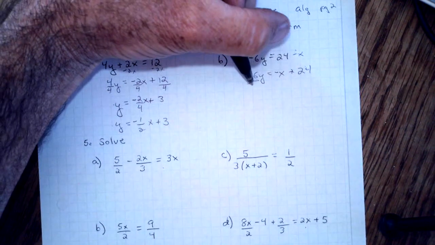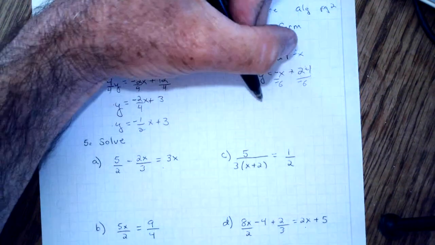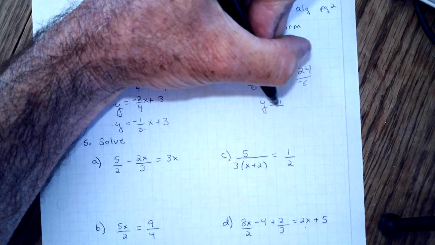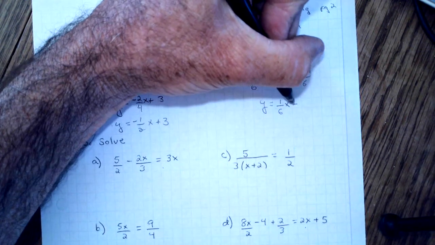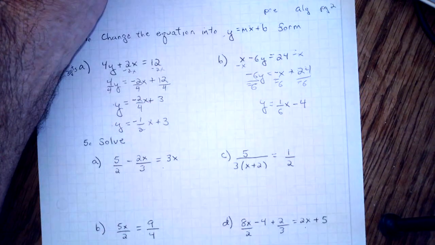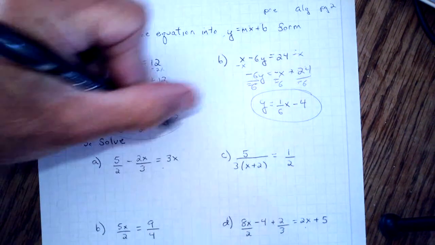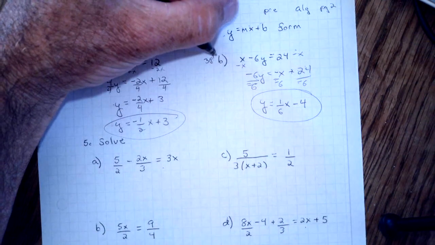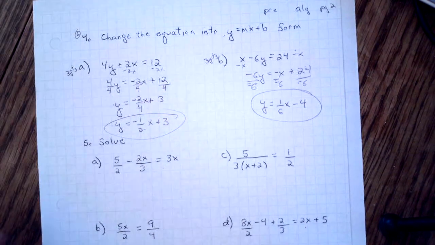Divide both sides by negative 6, and I get y equals negative over negative is a positive, and 24 over 6 is 4, so it's negative 4. And that's the answer. So those are worth 3 points each. A grand total of 6 points.